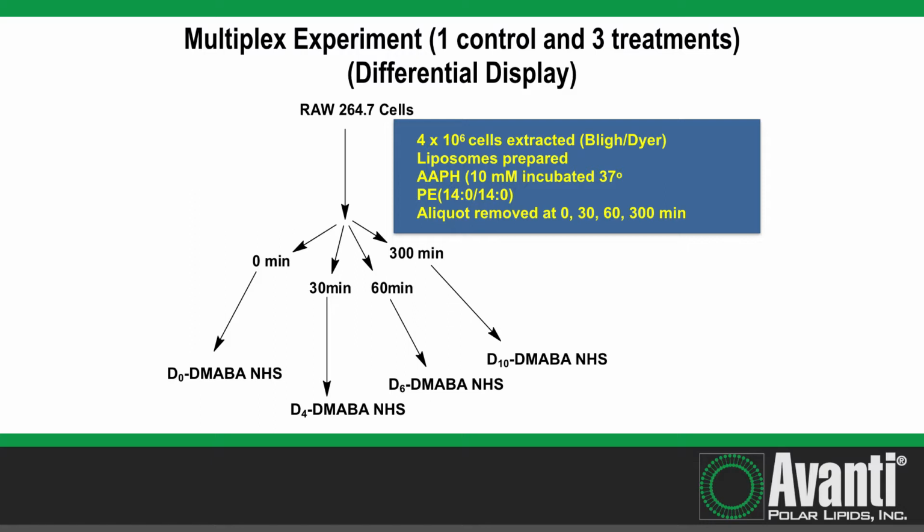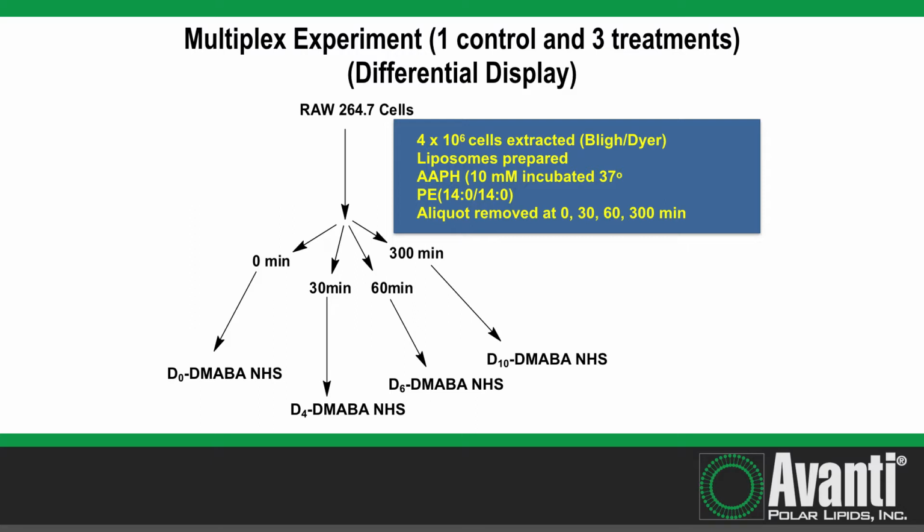It's a very contrived, straightforward experiment. We multiplex it and use this differential display to try and find out what's going on. We take some cells, and we extract the lipids with a chloroform-methanol extraction protocol. We make liposomes out of these lipids, and now we add to these liposomes a free radical generating system, AAPH, which under constant conditions of temperature and time forms free radicals.